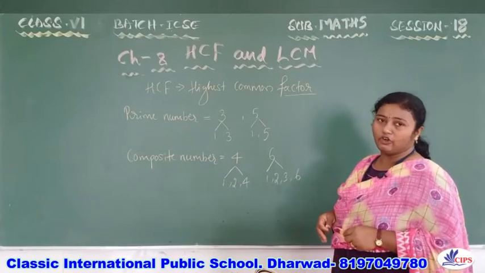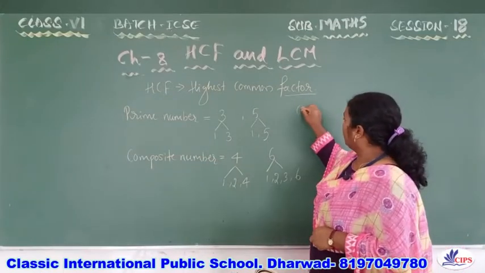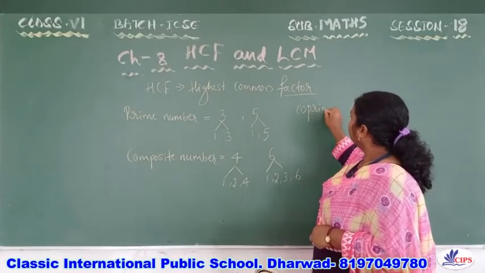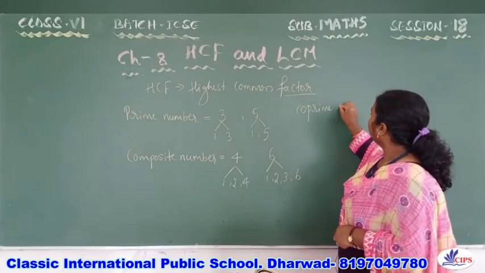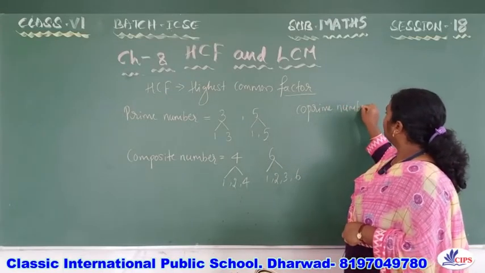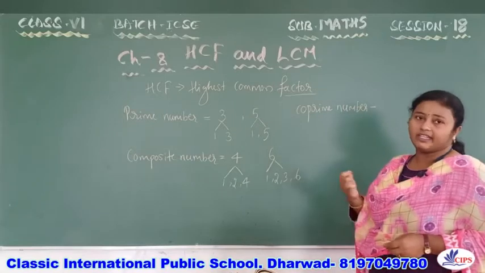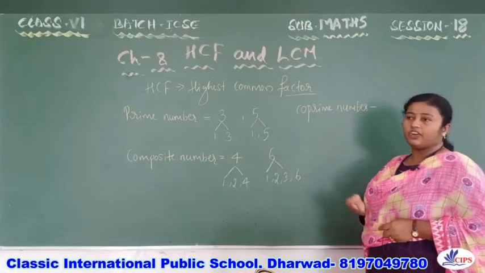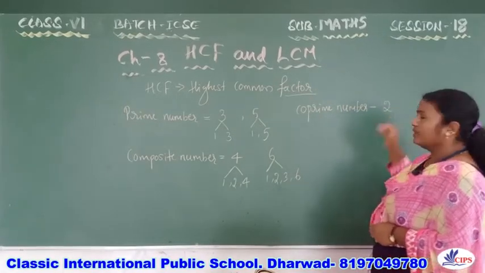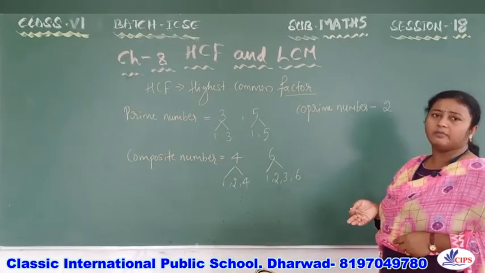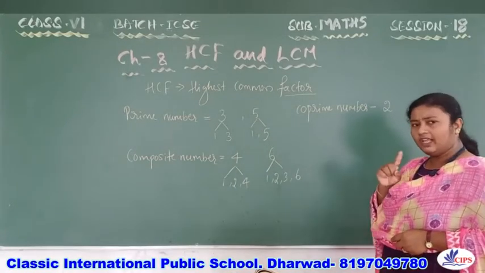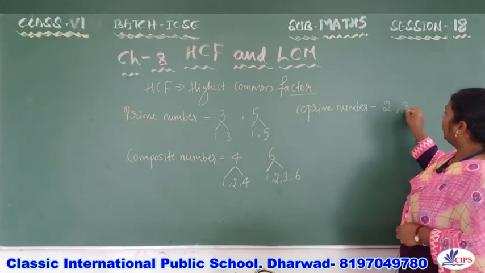One more type of number is there in this chapter. In the last session I have not told that. That is the co-prime number. What is that? Two numbers which do not have any common factor other than 1. For example, 2 and 3.